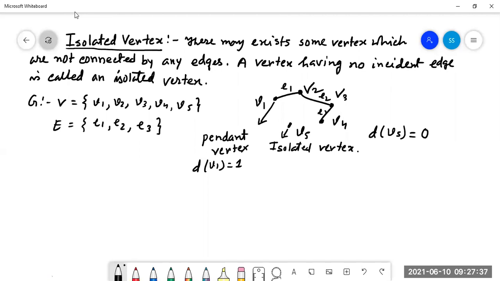Girls know very well what a pendant is, there is some ornament which is called a pendant. So these are the definitions of isolated vertex as well as pendant vertex.